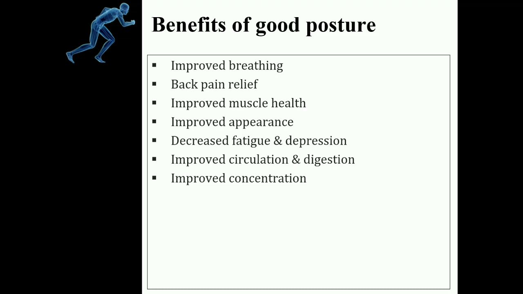Now, next one is improved breathing. A study by the American Academy of Physical Medicine and Rehabilitation revealed that bad posture can affect your breathing and lung capacity. The reason why is because of your frontal muscles and tendons.